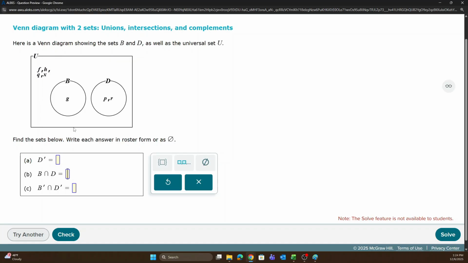So everything outside of D, so that's going to be F, H, Q, X, and G. Next, we want to find B intersect D. Well, these don't touch at all. So that's going to be an empty set. And now we have everything outside of B and everything outside of D. That's only going to be the stuff in the universal set. So that's going to be F, H, Q, and X.